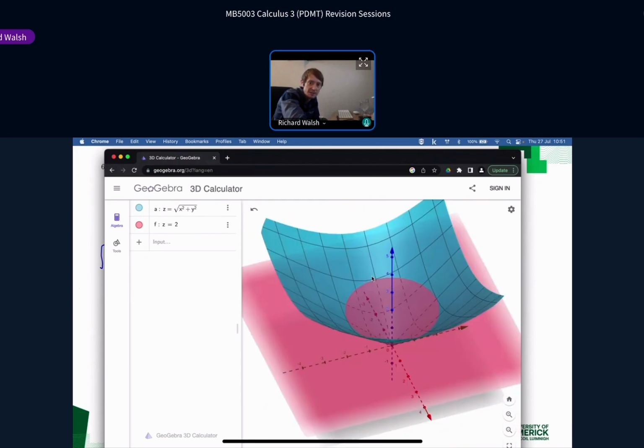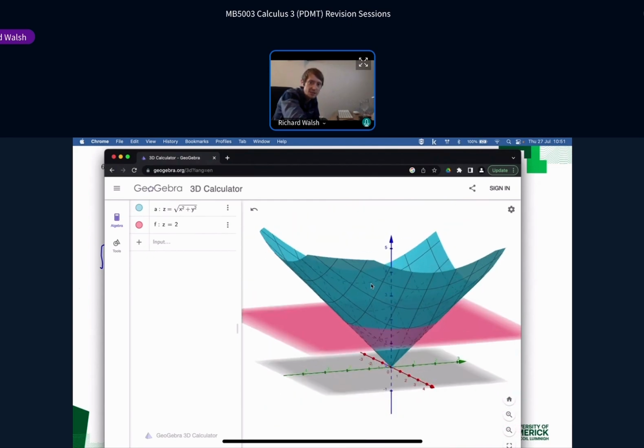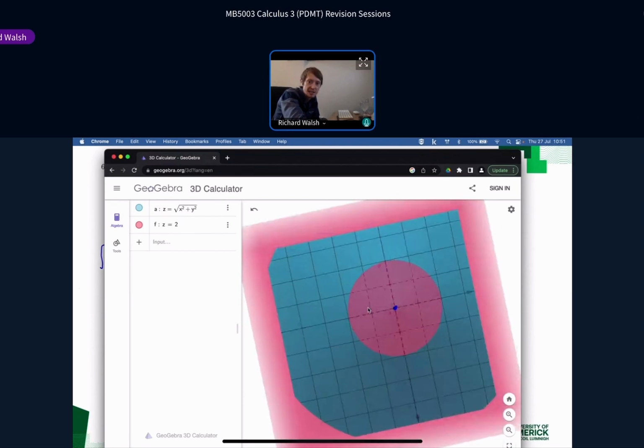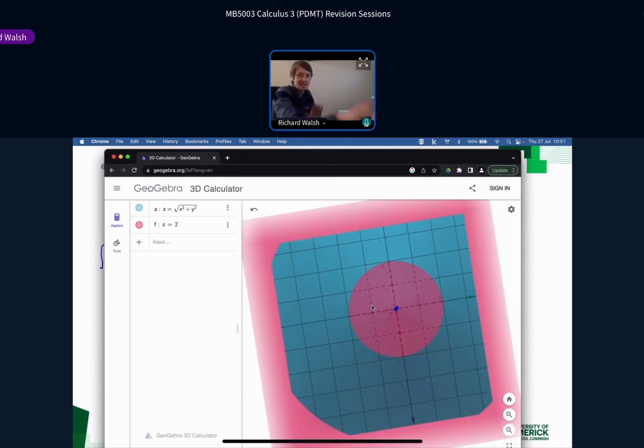That circle is built from where the plane intersects with the cone, projected downwards. Imagine that circle being pushed down onto the x, y plane. The equation of that circle, with radius 2 centered at 0, 0, is x squared plus y squared equals radius squared, so x squared plus y squared equals 2 squared, which is x squared plus y squared equals 4.